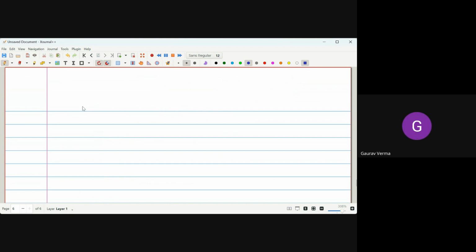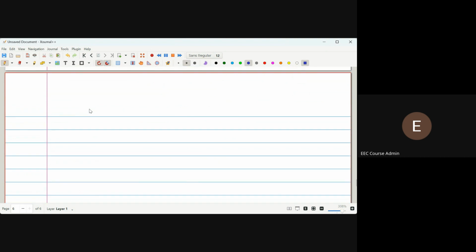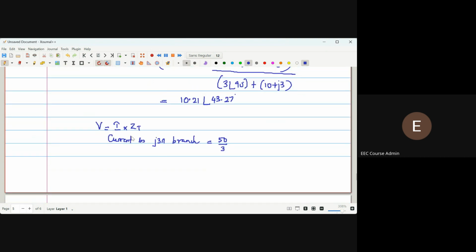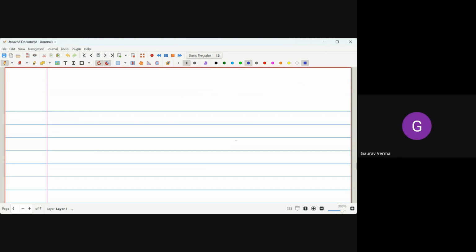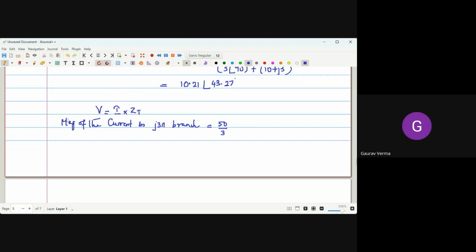Shouldn't it be J3? We are calculating the magnitude. Yeah. Let me write it as magnitude. Magnitude of the current in the J3 ohm branch is 50 by 3. Is it fine if I write it as magnitude? Clear? Yes. But it will have a negative sign, so the direction of current will be different, right? Where do you have the negative sign?